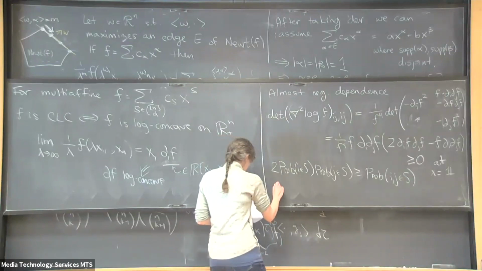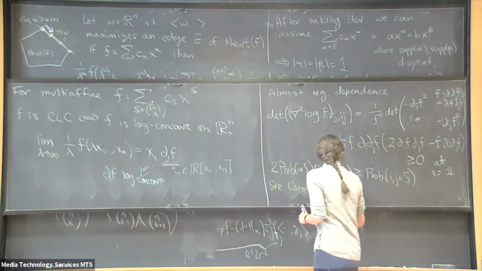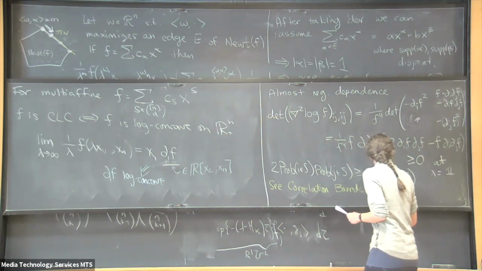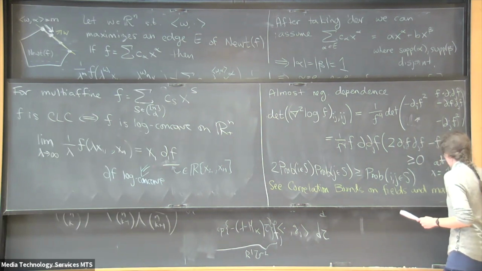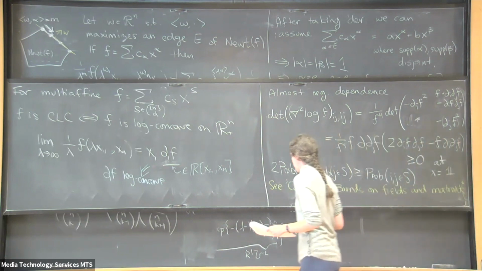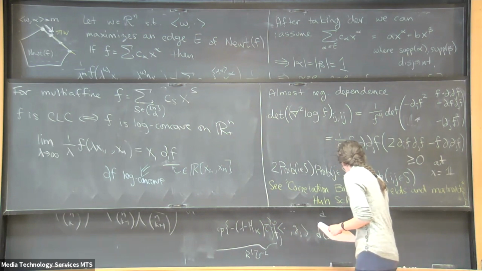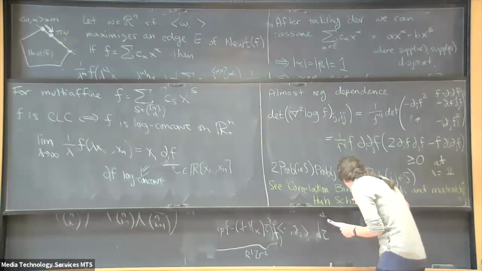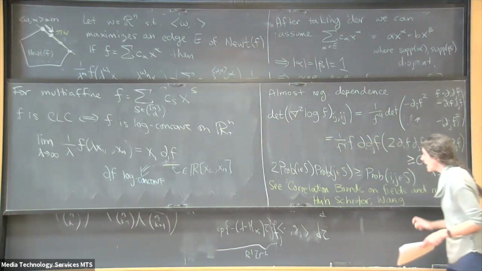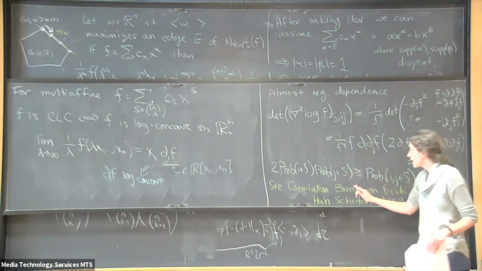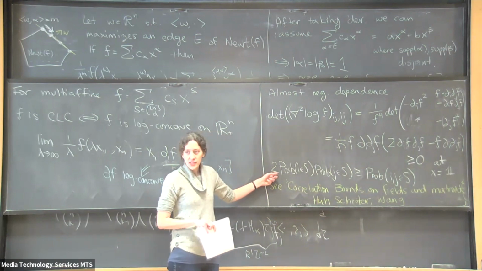There's a paper called correlation bounds for fields and matroids by Schroeder and Wang, where they asked, if I take the uniform distribution on the bases of a matroid, what's the worst case for this 2?